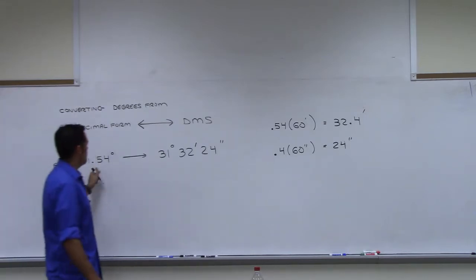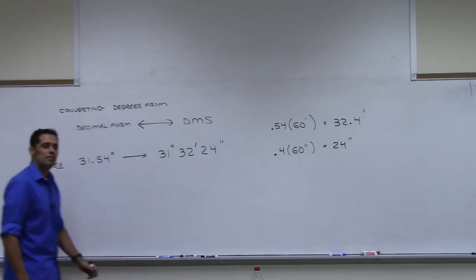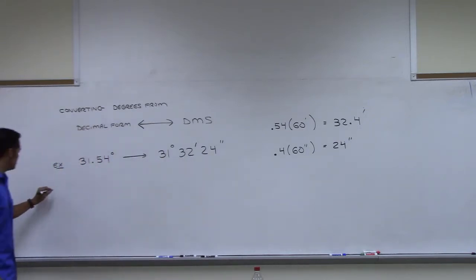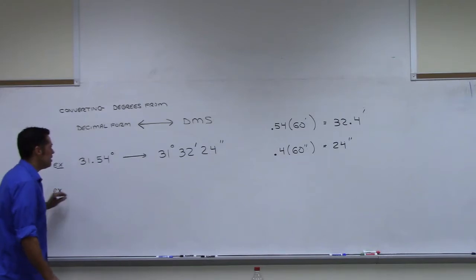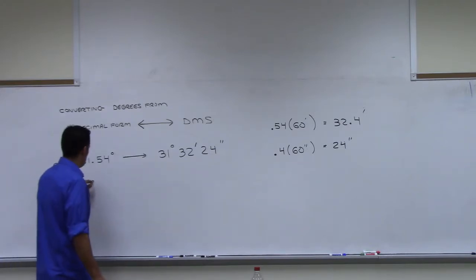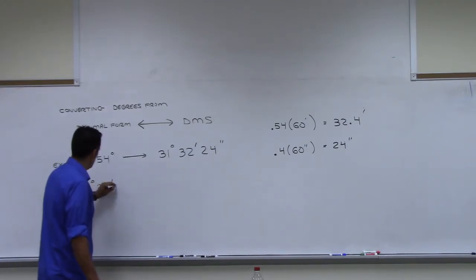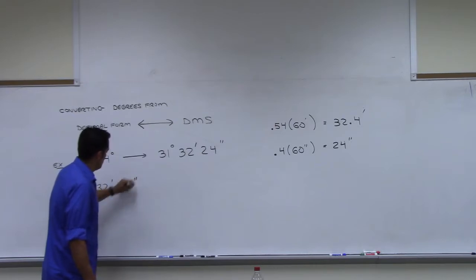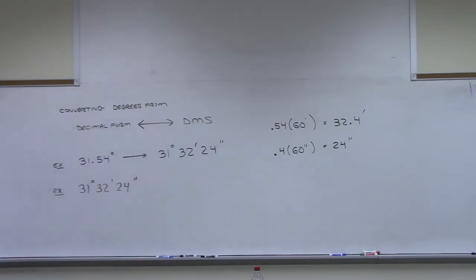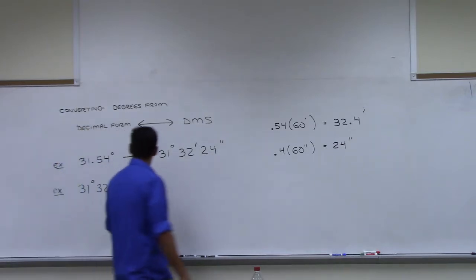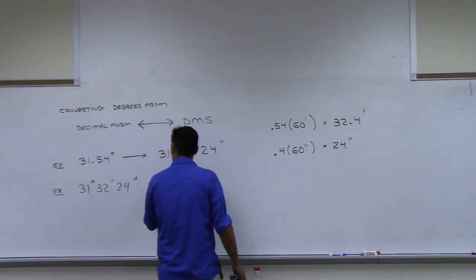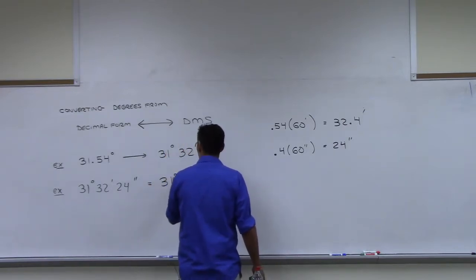So we just did decimal form into this. Let's try and go backwards. How do we go backwards? Let's just take the same problem so we know what we need to get to. I think this one's a little bit easier to do, because all you do here is you say 31 degrees. This is where I was putting the plus.